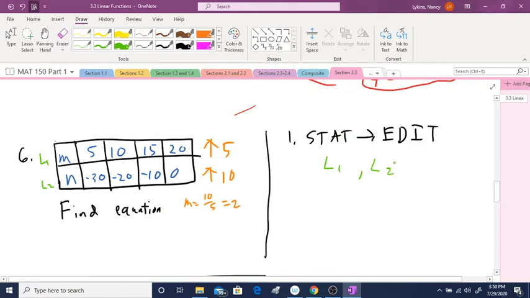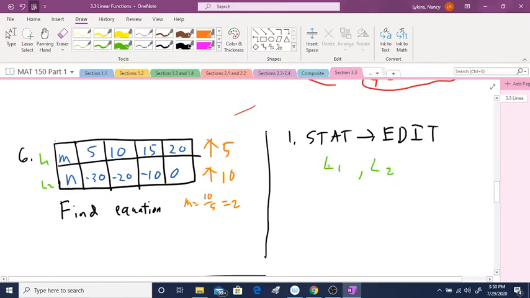Now, if you've used your calculator several times and you have more values than you need, just go to that number, highlight it, and hit DEL to delete that one, and delete the y value as well, the L2 value.